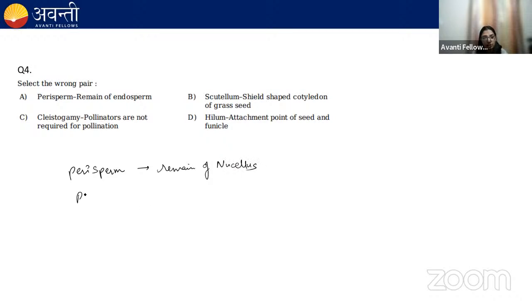And in the seed, where you will find this remnants of nucellus or perisperm, those seeds are known as perispermic seed, like beet seed or black pepper.